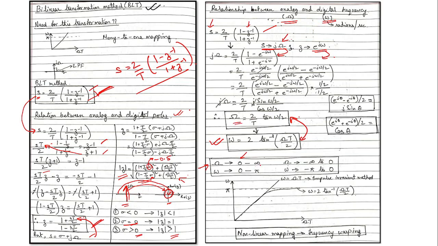When it is infinity, tan pi by 2 is infinity, then omega is pi. So when our analog frequency varies from 0 to infinity, that means our digital frequency will vary from 0 to pi. Similarly, if you go from minus infinity to 0 and minus pi to 0, the same condition will apply.